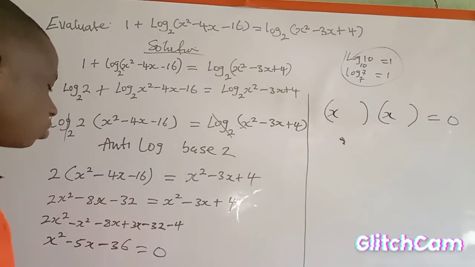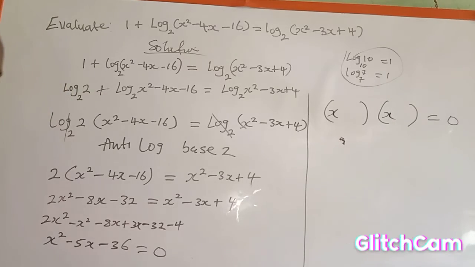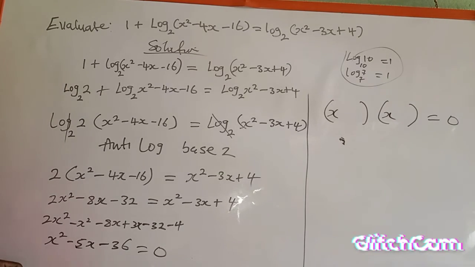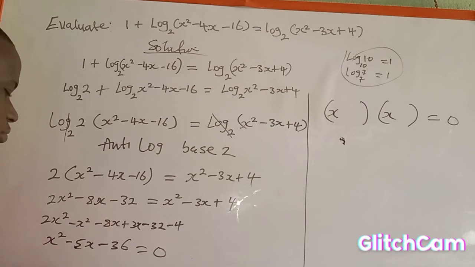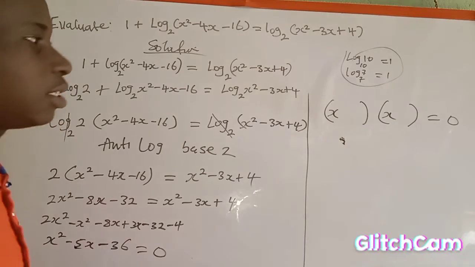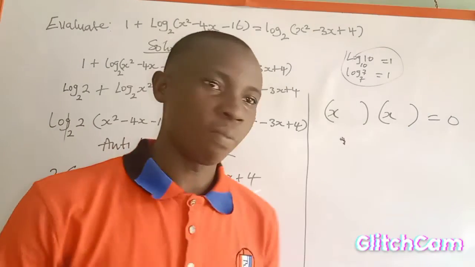So what you do now, you think of two numbers. If you add them together, you have negative 5. Then if you multiply them together, you have negative 36. Then you think of those two numbers.